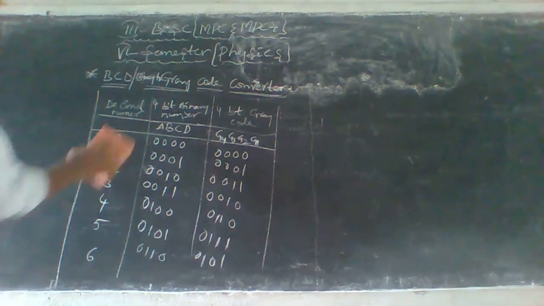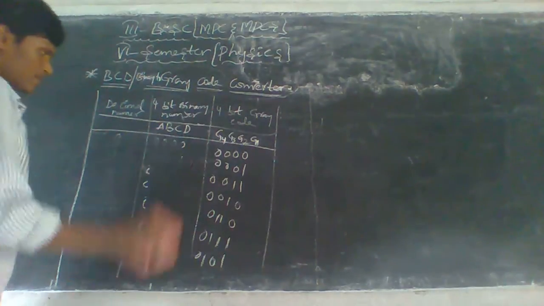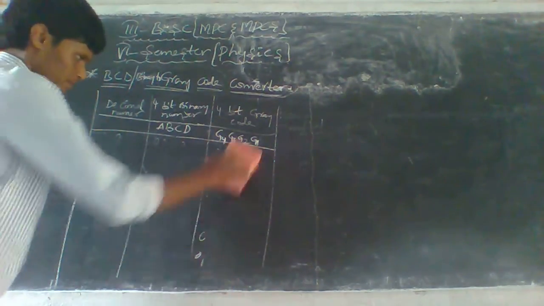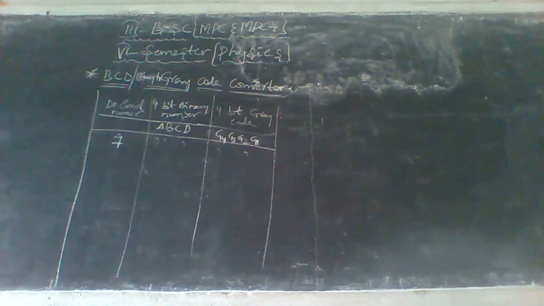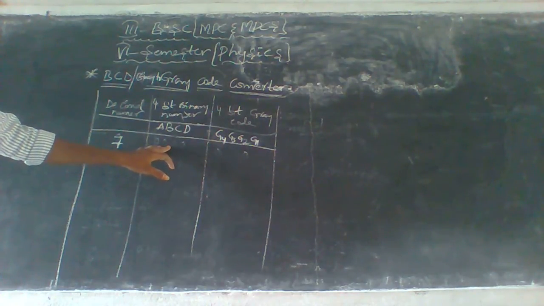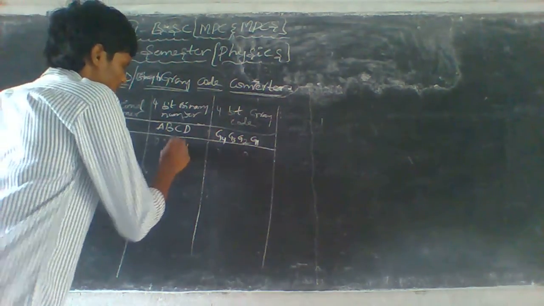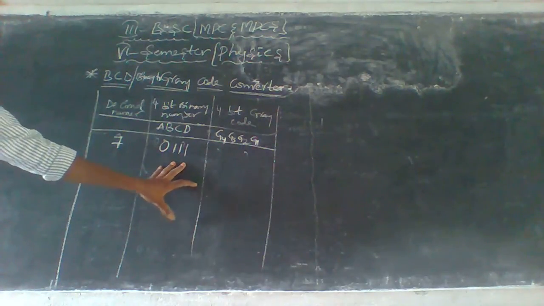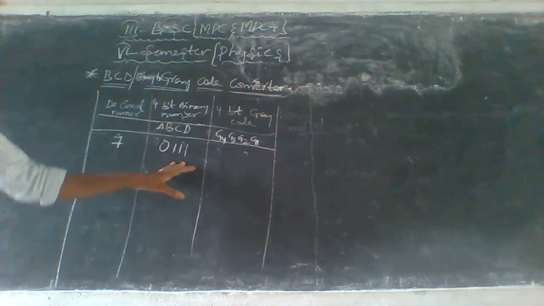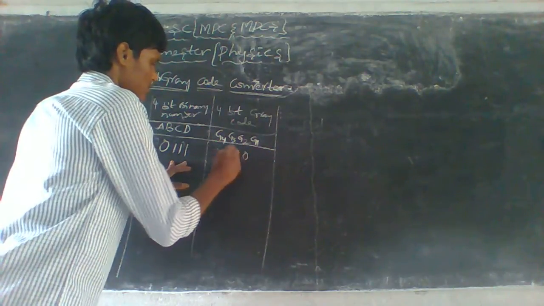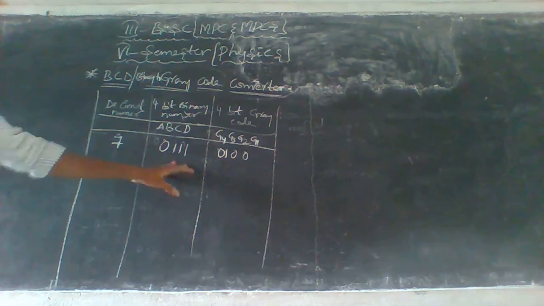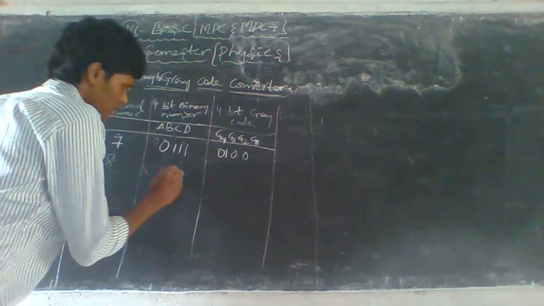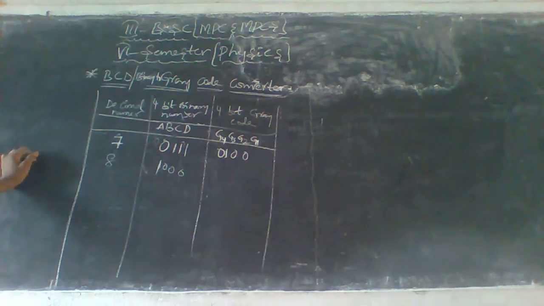And for decimal number 7, the 4-bit binary number is 1110, and the gray code is 0010. And 8 is 0001.